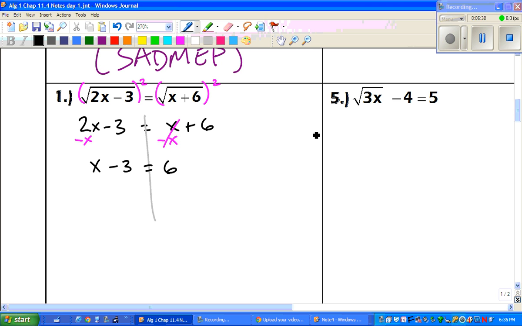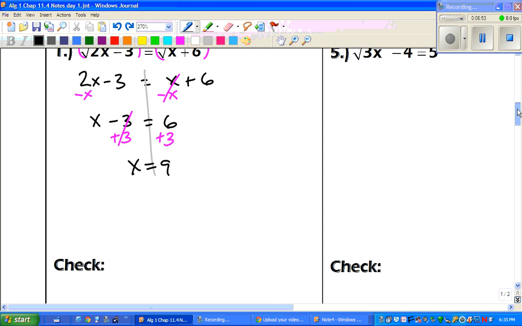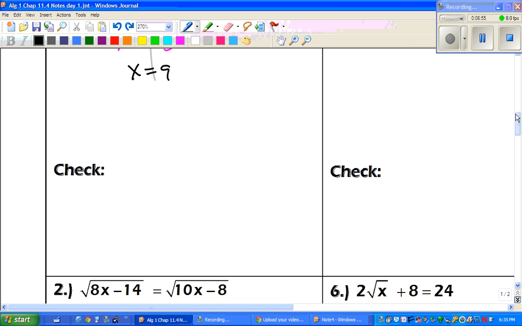Now the next thing we have to do is add 3 to both sides, and we get x equals 9. Now, I can't circle that yet because I don't know if that's a solution or not. I have to check it.